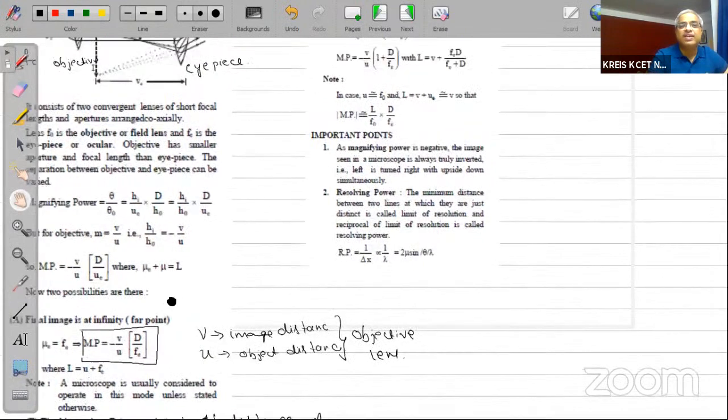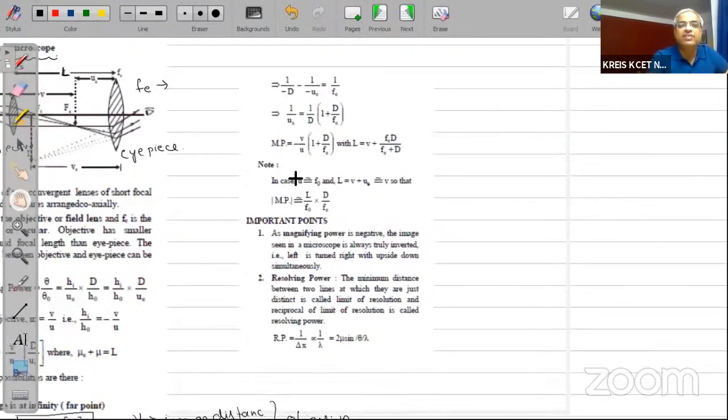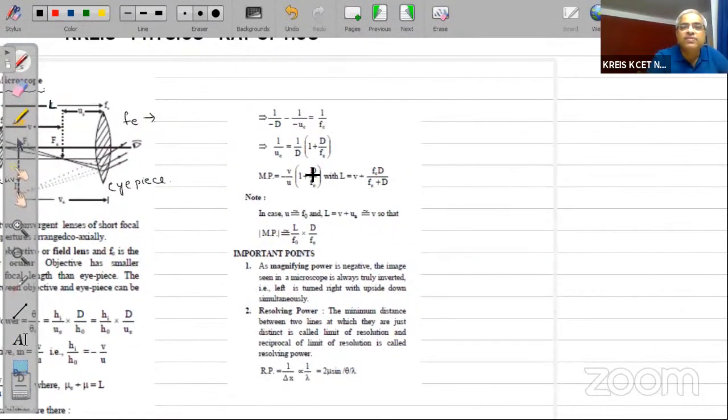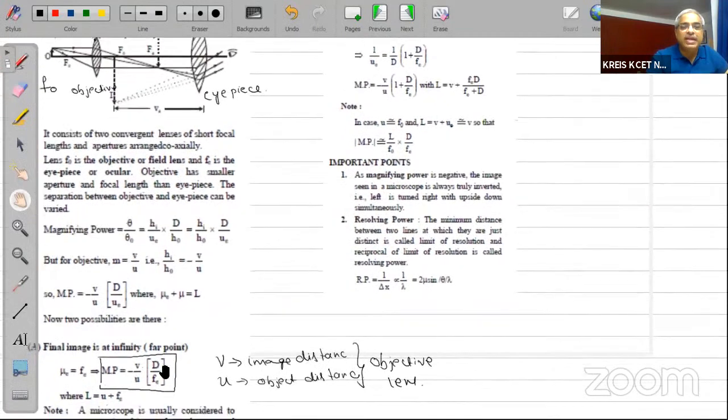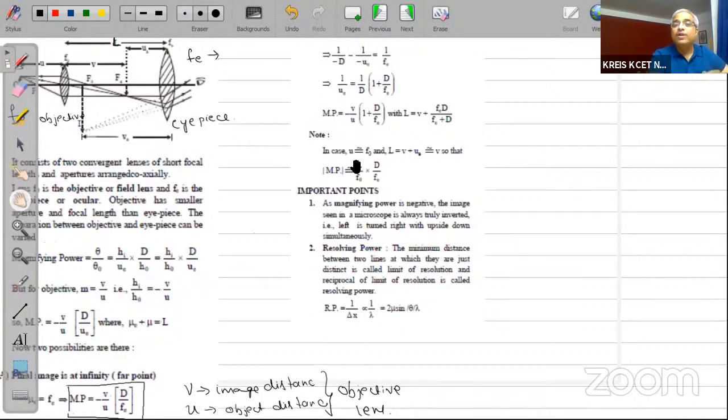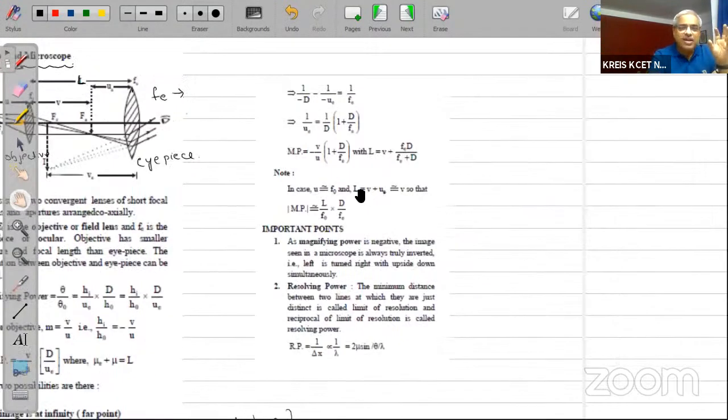Magnification will then be given as like this: V by U, 1 plus D by Fe. Nodi illi formula gu ee formula gu ಎಷ್ಟು ವ್ಯತ್ಯಾಸ ಇದೆ? ಇಲ್ಲಿ ಬರೀ D by Fe ಇದೆ. ಇಲ್ಲಿ ಇದೆ 1 plus D by Fe ಇದೆ. So formula ಯಾವಾಗ image forms at this distance of distinct vision, ಅಲ್ಲಿ usually 1 plus D by Fe ಇರುತ್ತೆ. Infinity ಆದಾಗ D by Fe ಇರುತ್ತೆ. ಇದು ಒಂದು thumb rule ಆಗಿ ಇಟ್ಕೊಂಡ್ಬಿಡುವುದು.